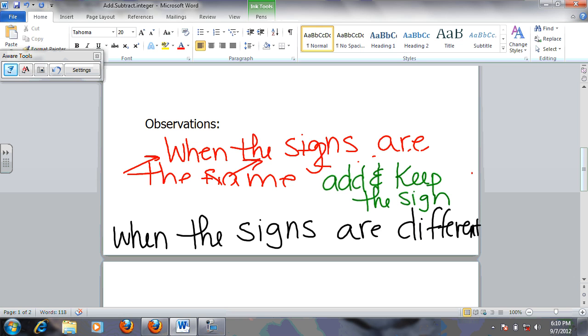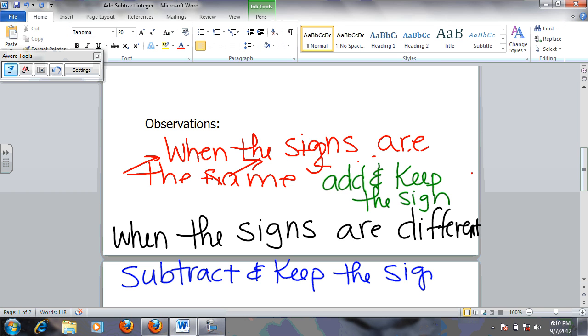When the signs are different, we subtract and keep the sign of the, quote, larger. It's not really sometimes the larger, it's the larger absolute value. Keep the sign of the larger number.